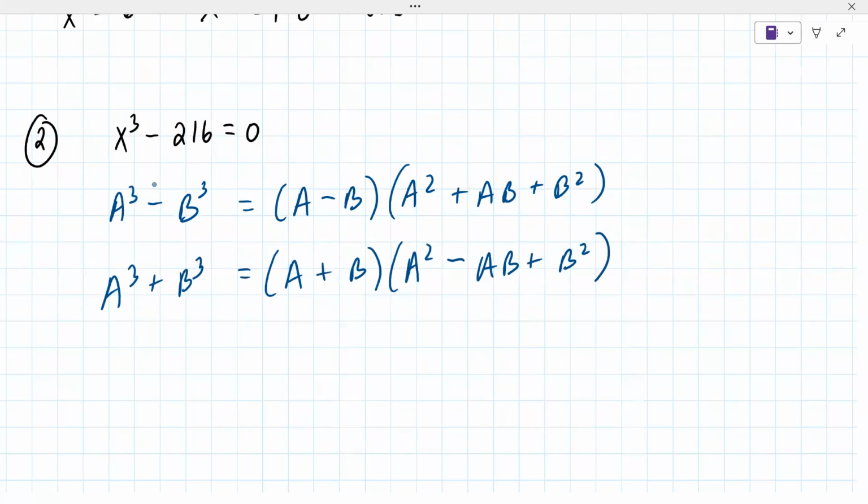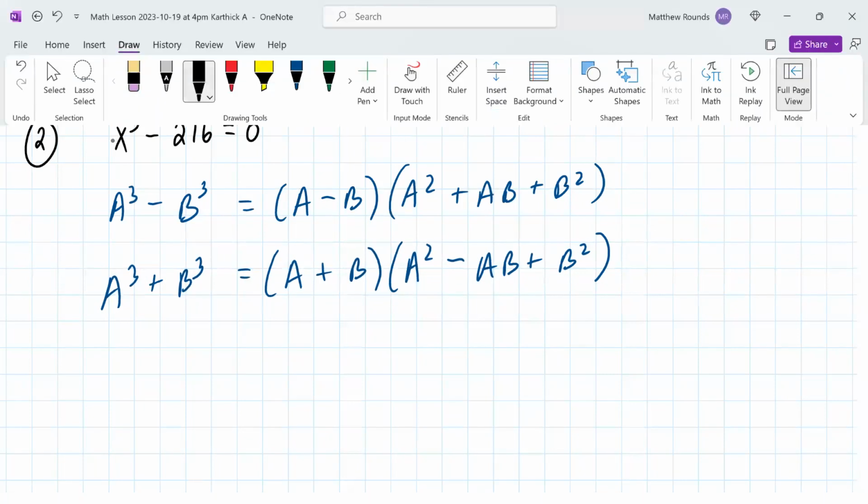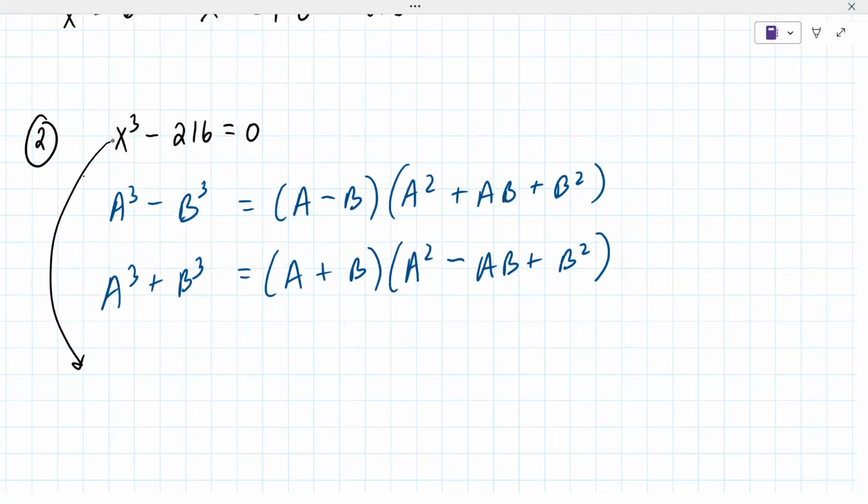All right. So this becomes x cubed minus 6 cubed. And it's like you said, it's good to take one line and rewrite it. Okay.